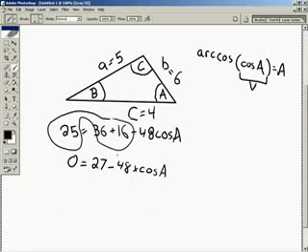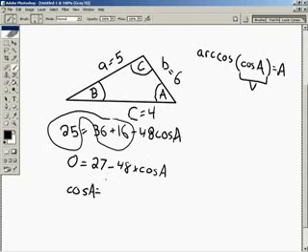Now we need to find a way of manipulating this whole line to get only cosine of A. So cosine of A equals, and you don't have to do this in the calculator, you can just give me the numbers and we'll get the fraction afterwards. So what would the fraction be? Don't know.